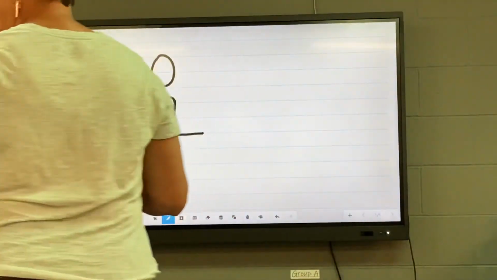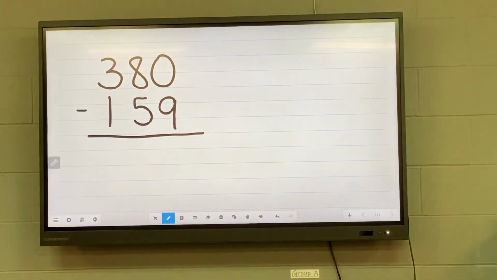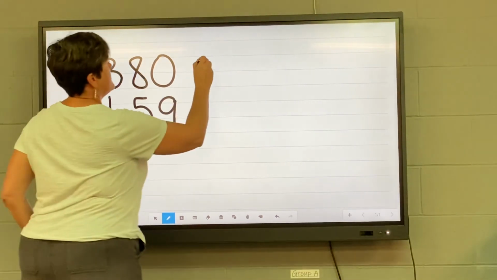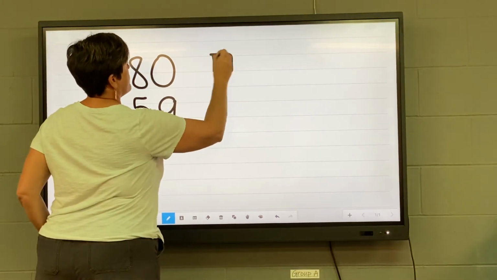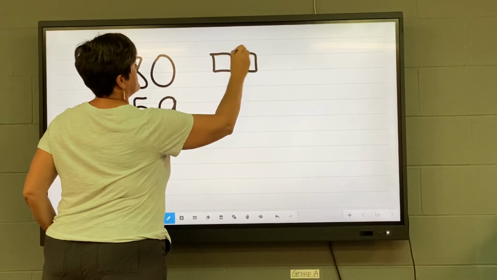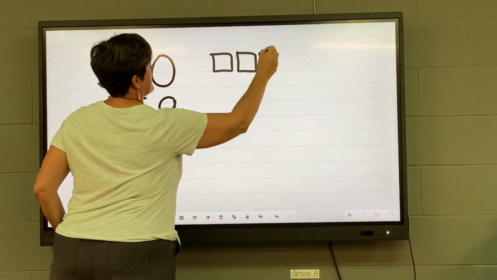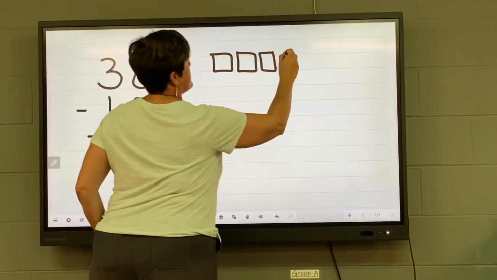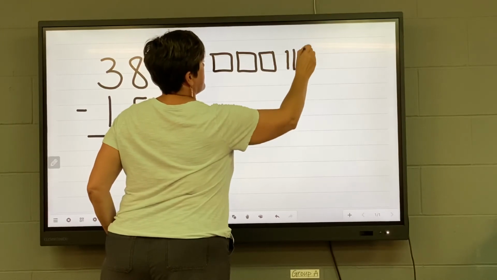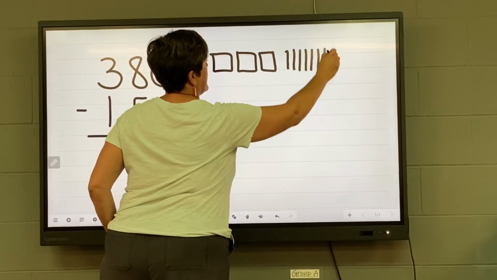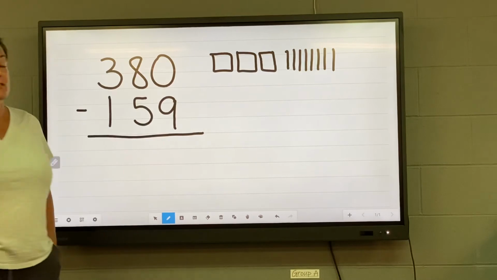Okay, I'm still seeing a few people drawing the base 10. That's fine. So if that's the case, you have 1, 2, 3, 8 tens. 1, 2, 3, 4, 5, 6, 7, 8. Are there any ones?